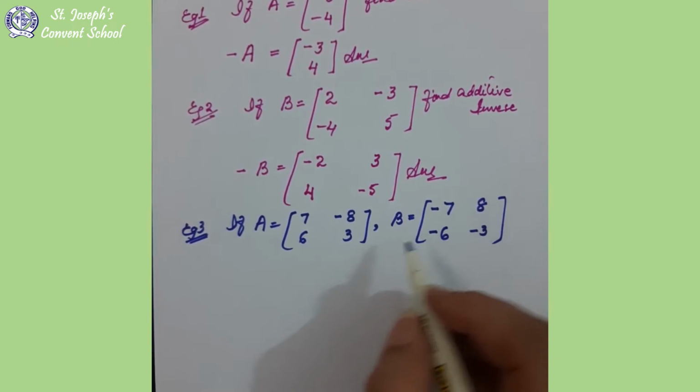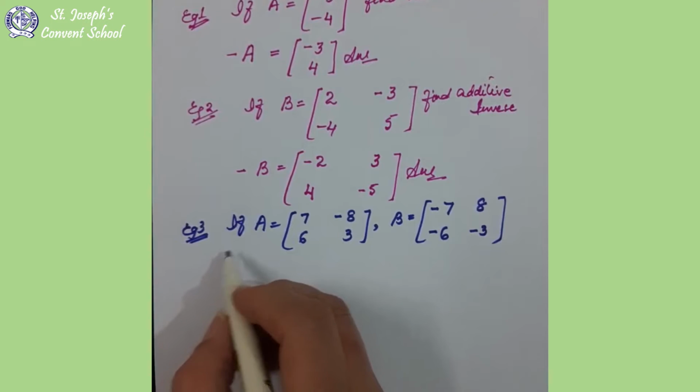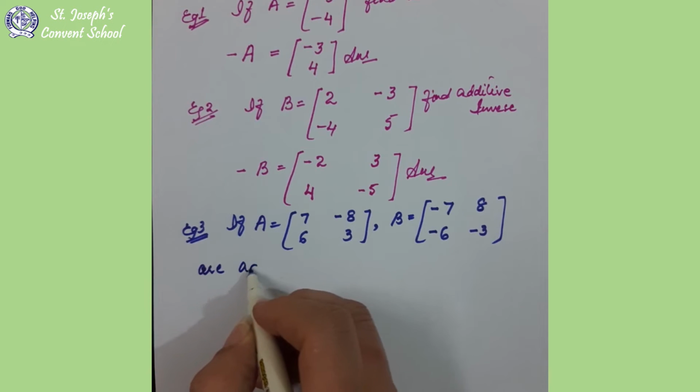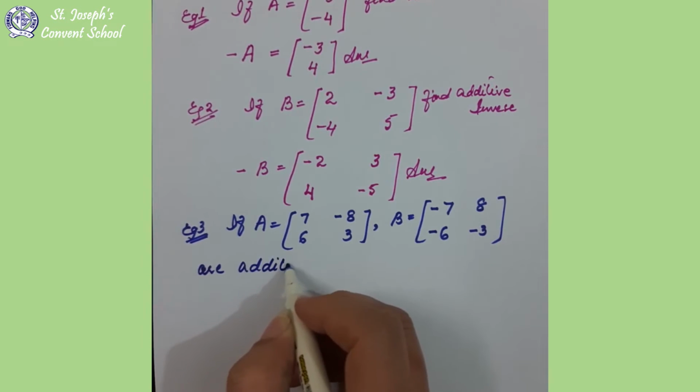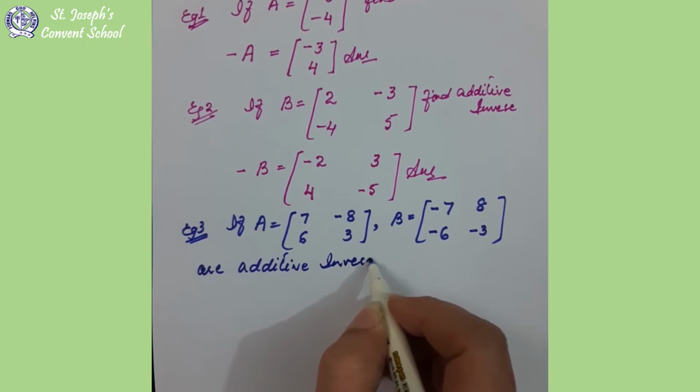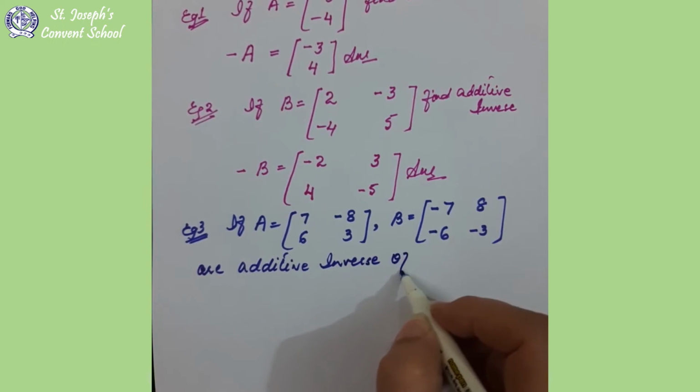These are the two matrices, and you have to find that they are additive inverse of each other.